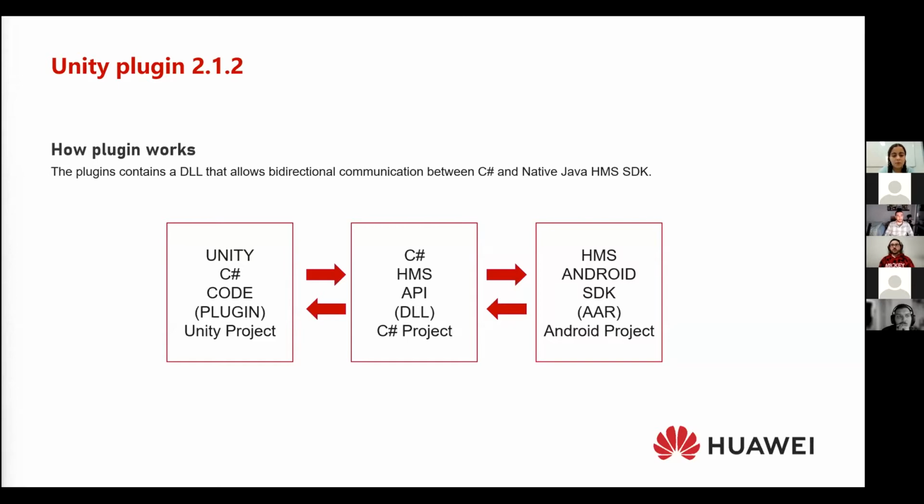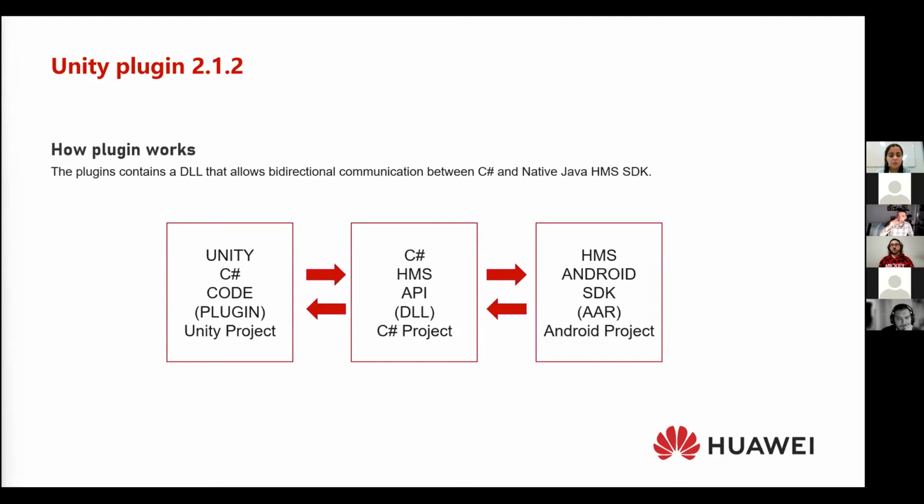We wrap this in an API in C# to make it easy for end users, which are the developers, to use. After we wrap the AAR file, we produce the DLL file, which you put in your project to use Huawei's abilities on Unity, which is the left part. You will only see this DLL file in your project, and you just need to call the methods of the DLL file.